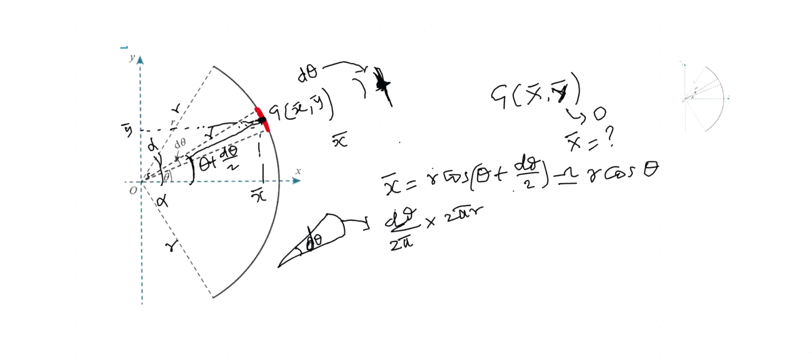So this will give me r theta. That's the length. Therefore, the mass of that arc is equal to r theta rho.